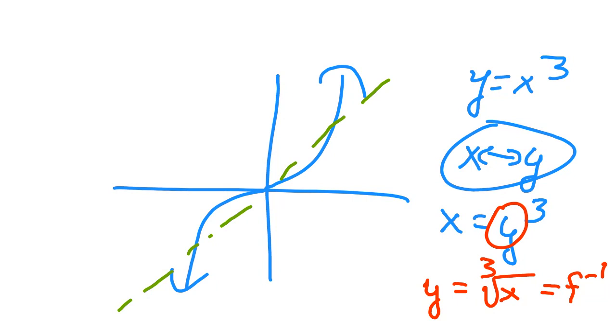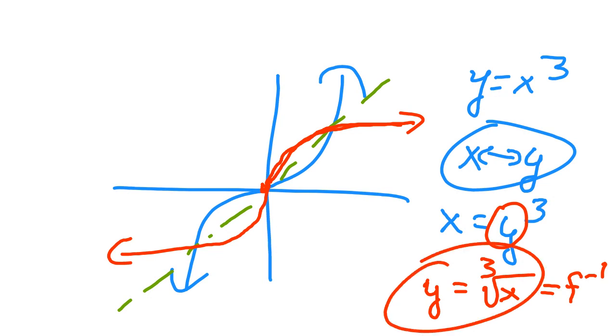And so if I mirror image that through the y equals x line, there's the inverse function right here, cubed root. And so that makes sense. So from a graphical standpoint, we're just doing a 180-degree flip about the y equals x line to come up with the inverse of a function.